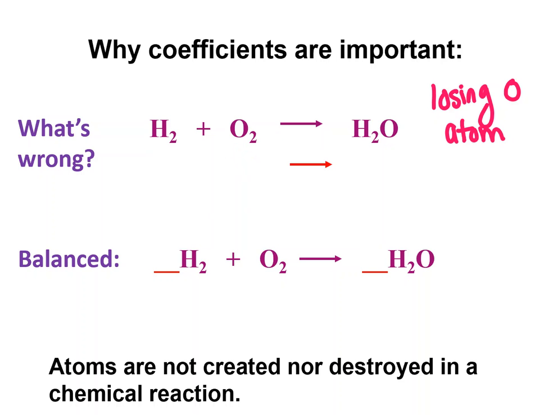Sometimes it's helpful to draw what's happening and what's represented, because we need to make sure we understand what the formula means, but also what the coefficients are going to mean. So here we can see we have 2 oxygen atoms and we don't have 2 in the product. So let's go ahead and put the coefficients in here that balance this.